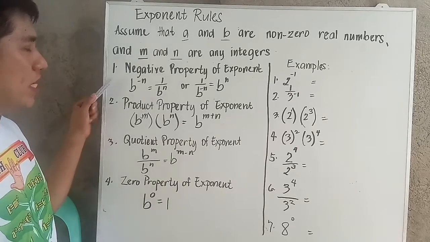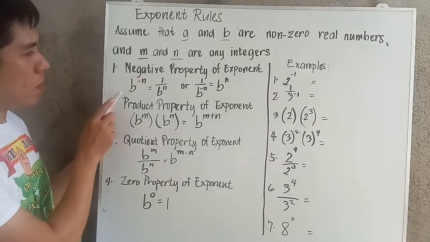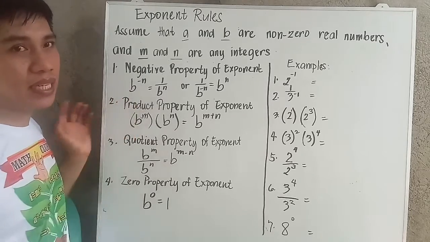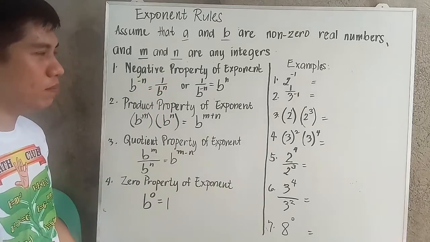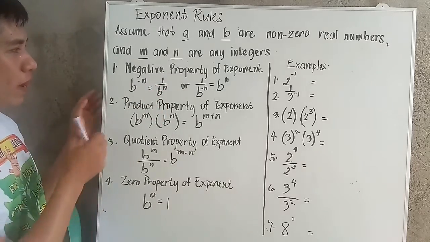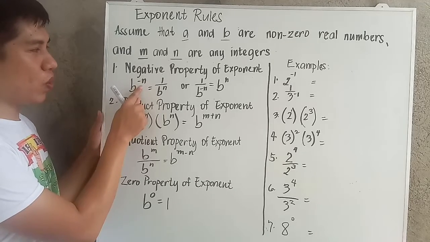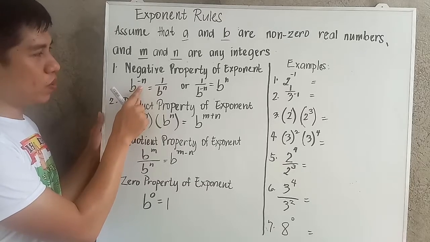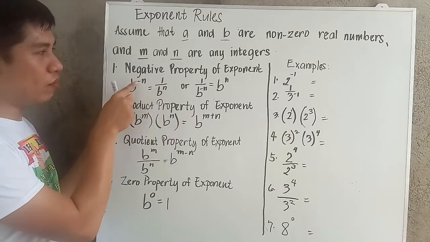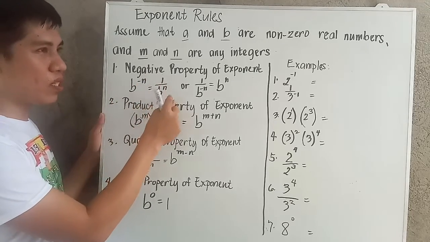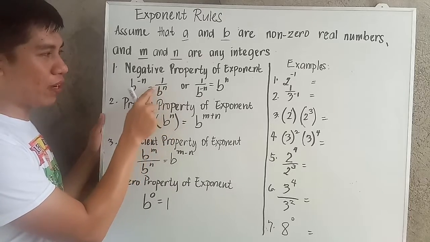Okay, so first we have this rule, the negative property of exponents. Under this property, b raised to the power of -n is equal to 1 over b raised to the power of n. Meaning, for us to have a positive exponent, we just write it under the fraction bar.